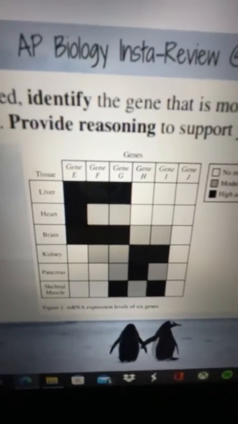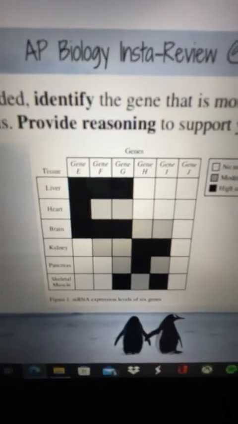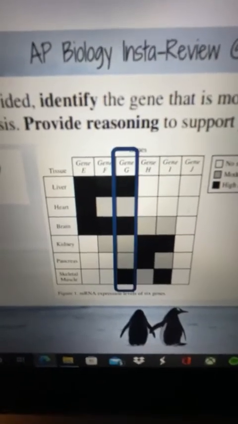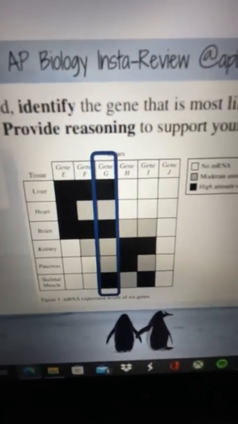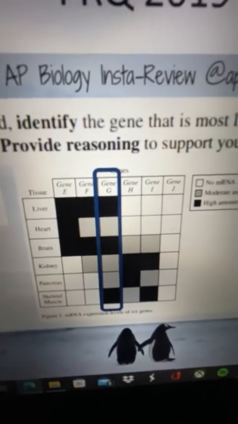So which of these genes shows a shaded box in every single spot? Well, that would be gene G. So gene G is showing that we have mRNA in every single spot. Why? Because glycolysis takes place in every single one.